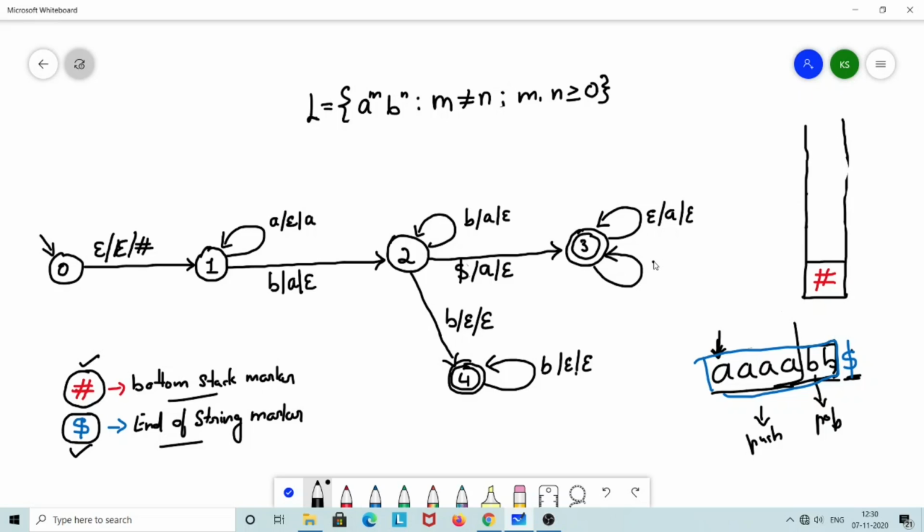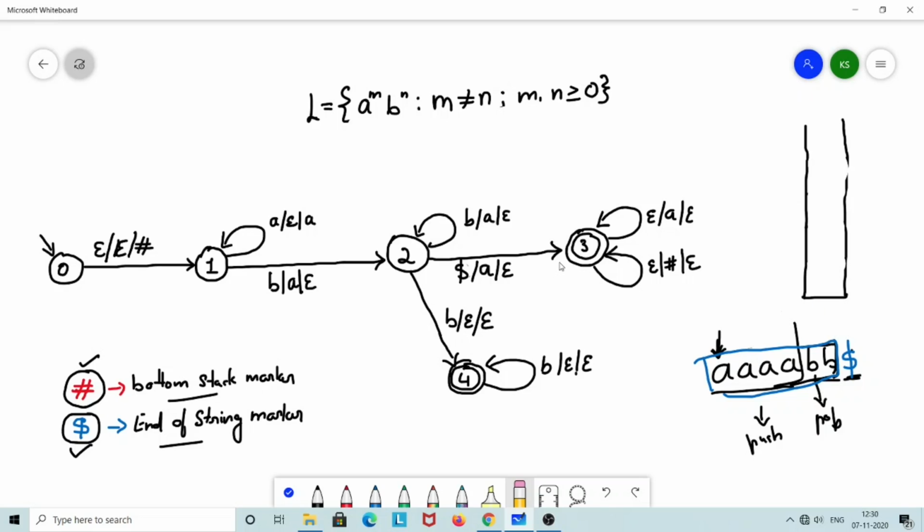Epsilon, popping hash. So what do we have at the end? We ended up in state 3, which is an accepting state, and my stack is empty.